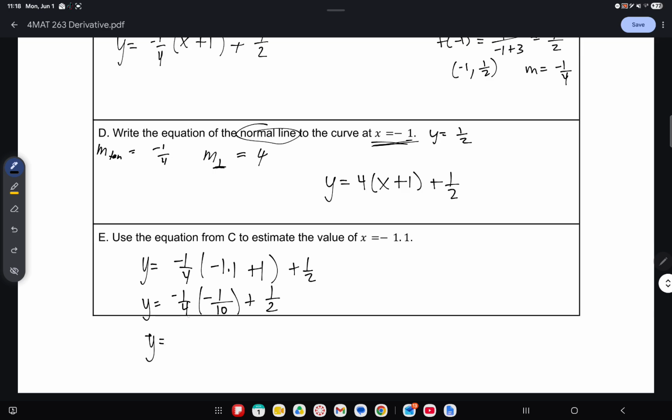So then I'll get 1/40th. And to do like denominators, let's just go ahead and make 1/2 into 20 out of 40. And so my estimate is going to be 21/40. We can get the decimal for that, but I'm also cool with the fraction.